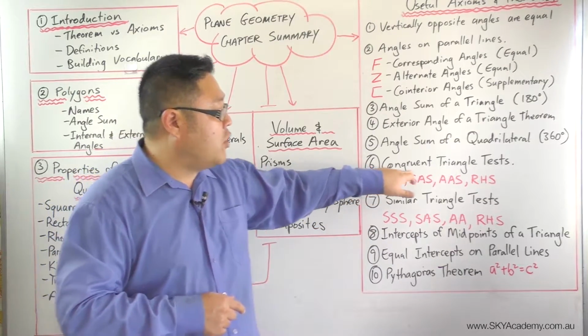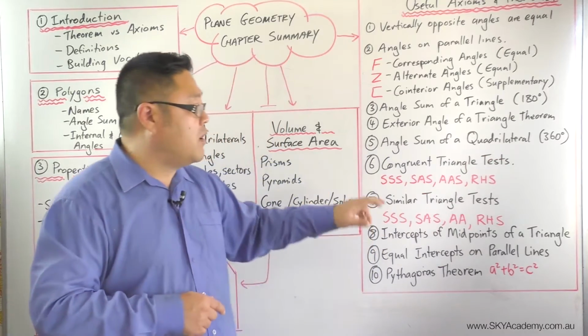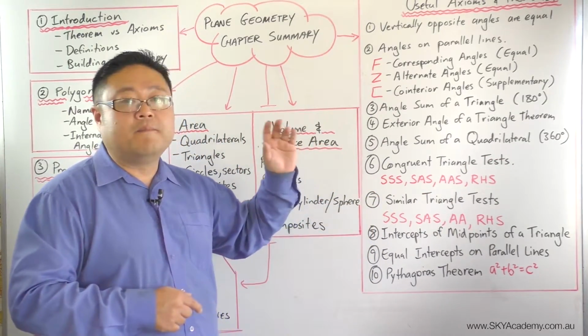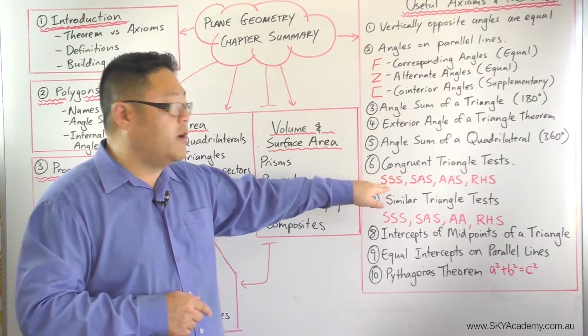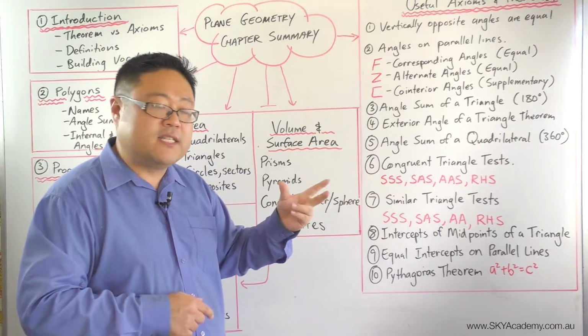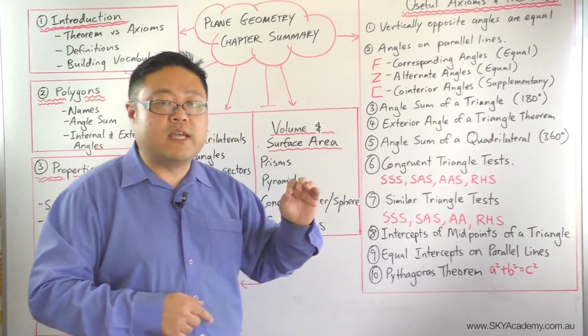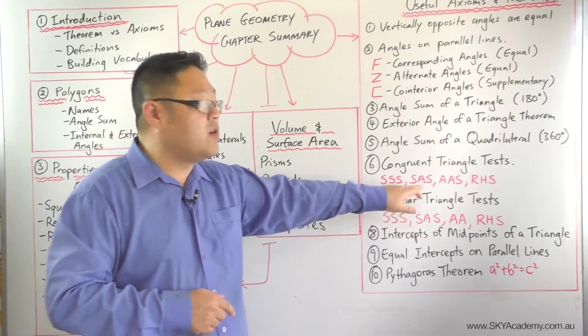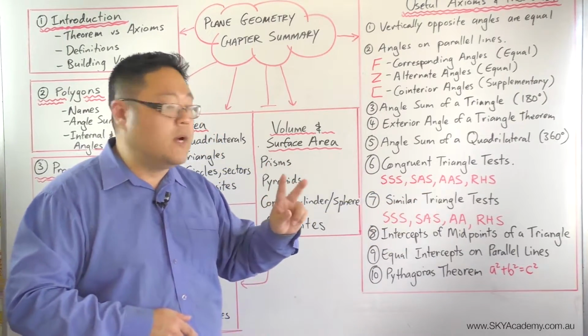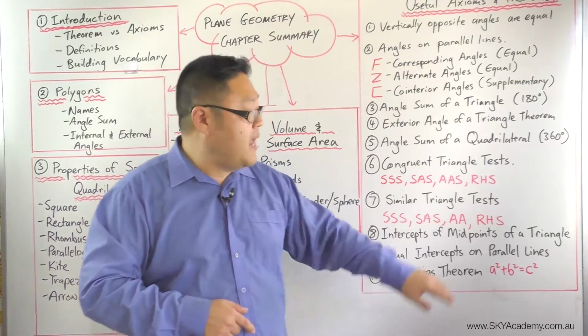And for congruent triangles, there's four tests that we can employ to work out whether two triangles are congruent or not. And that is SSS, which stands for side, side, side. SAS, which stands for side, angle, side, where the angle is the included angle between the two pairs of known sides.